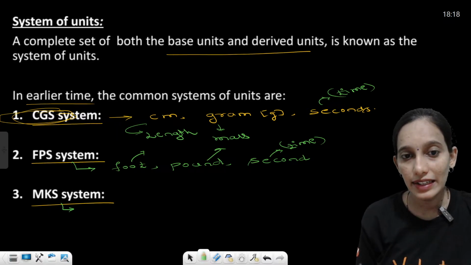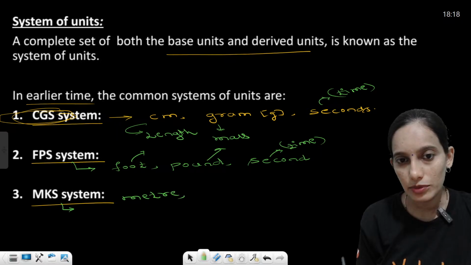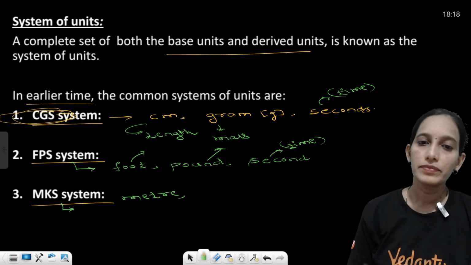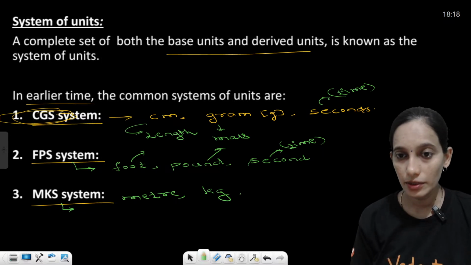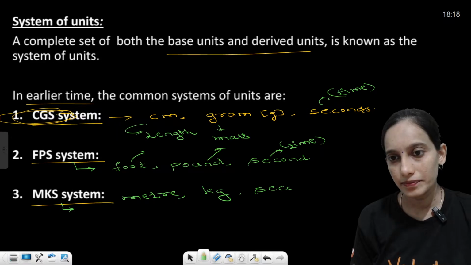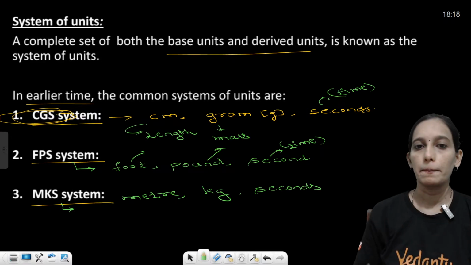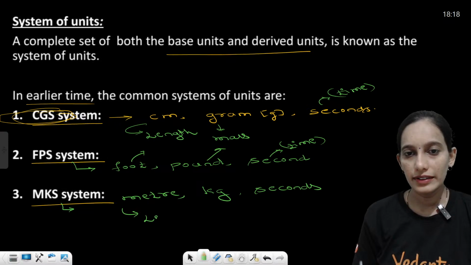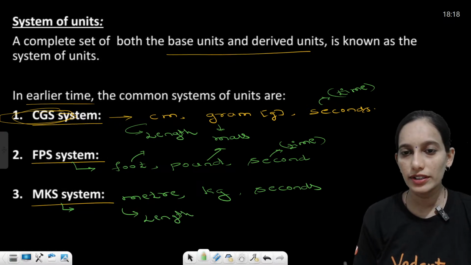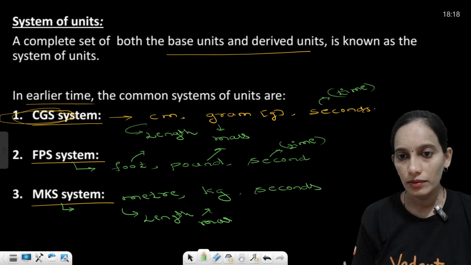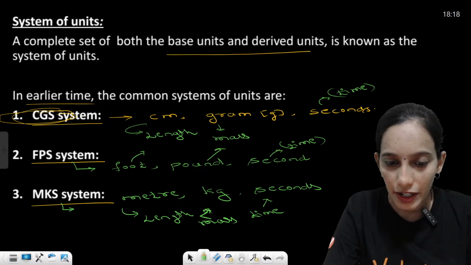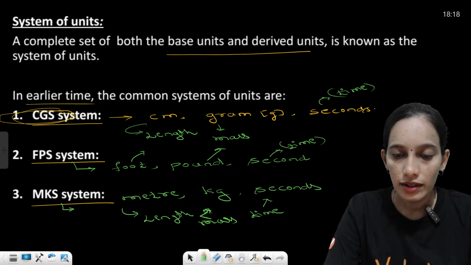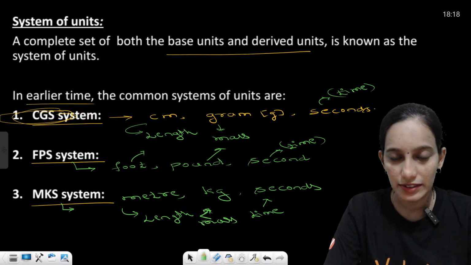Here length is measured in meters, mass in kg, and time in seconds. So that is our MKS system.